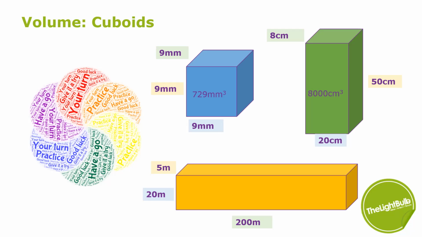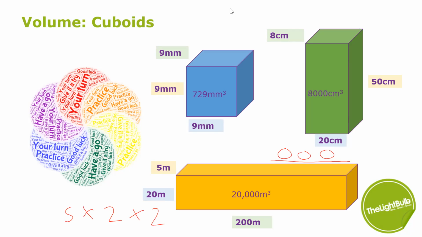Okay, so how did you do? If you got 20,000 metres cubed, you'd be absolutely right. So what we did is this. I'll just write it out here for you so it's hopefully a little bit clearer. If we take off the 3 zeros, 1 from the 20, 2 from the 200, put them up there on the shelf, then what we've got in the rest of it is 5 times 2 times 2.